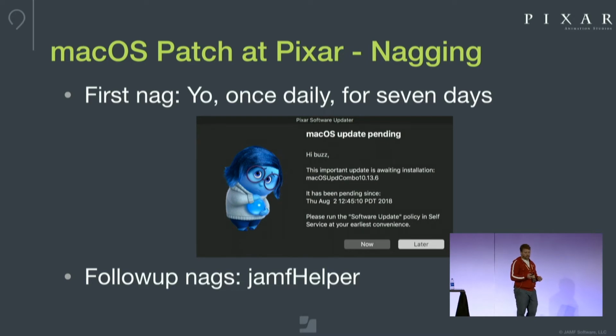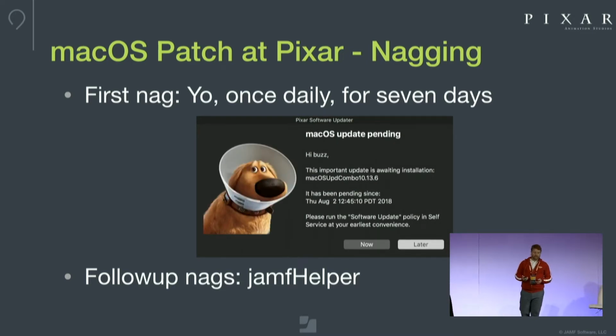And so now, 7 days later, it's time for the cone of shame. So now we're 2 weeks into this thing, and some number of people still haven't updated. So now, not only are we trying to shame them, we're also running this pop-up 4 times per day during work hours. It's all set up with its own launch daemon on a schedule.